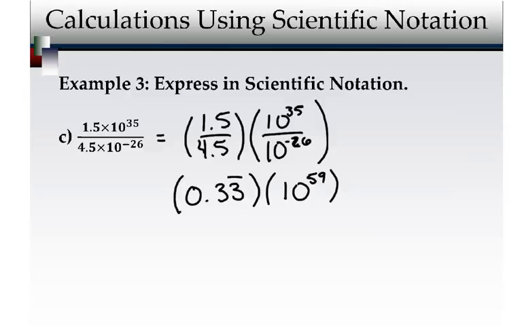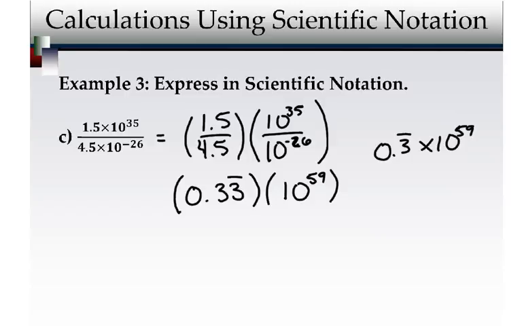Now on this one, it's going to change just a little bit from what we did with the last number. The last number we just ended up saying, okay, 0.3 repeating times 10 to the 59th. Well, that is not in true scientific notation because this number right here is not between 1 and 10. We need to express that between 1 and 10.